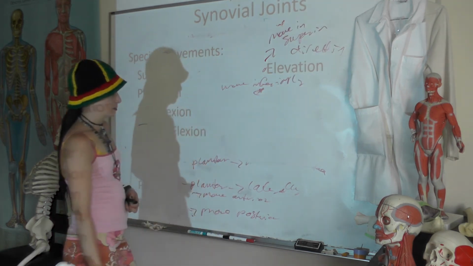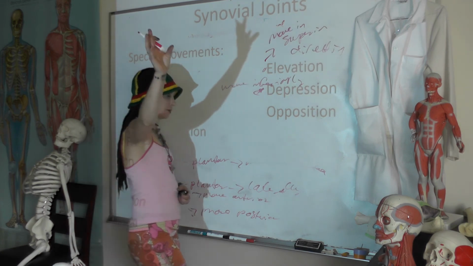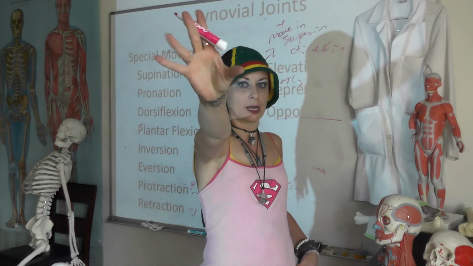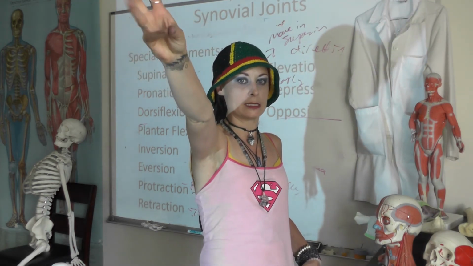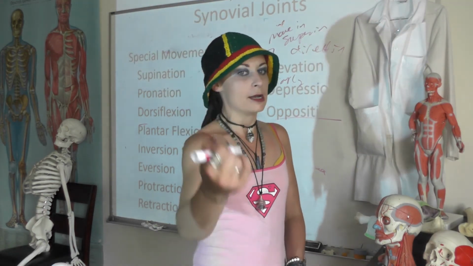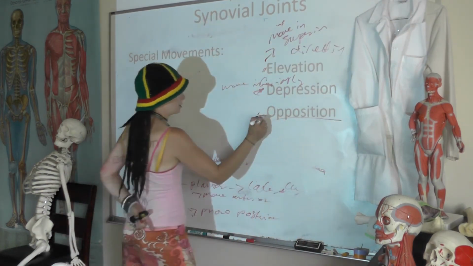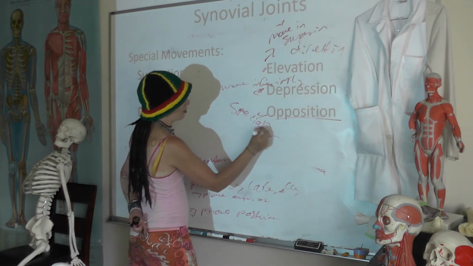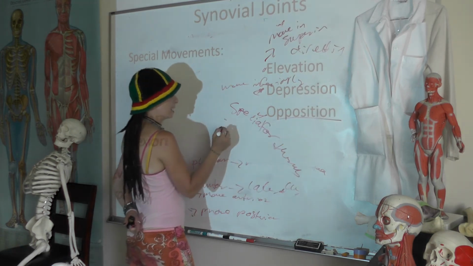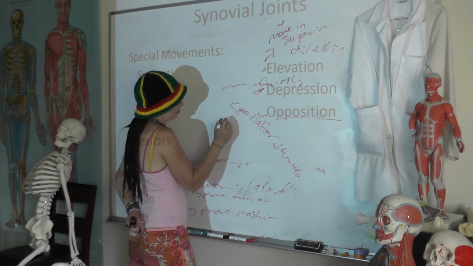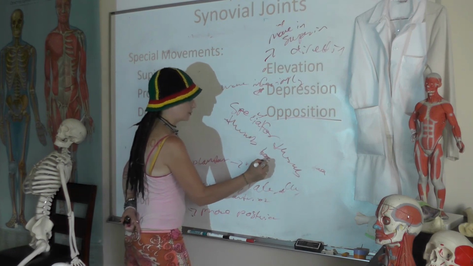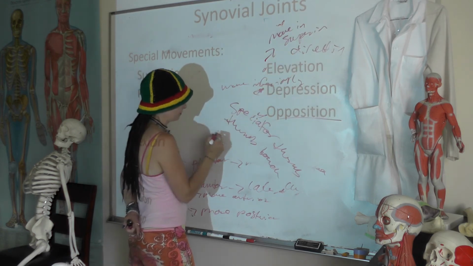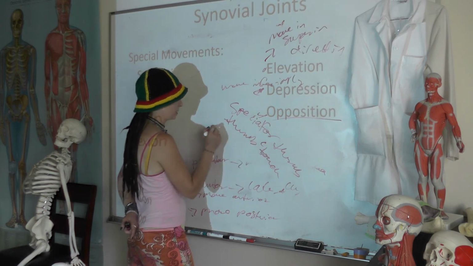And then the last special movement that we have is this special movement of the thumb, opposition, and that's the ability of your thumb to reach around and touch every one of your other digits. It's what makes us tool users, and not very many animals can do it. This is the movement where the thumb can reach around and touch particularly your 5th digit, but every digit.